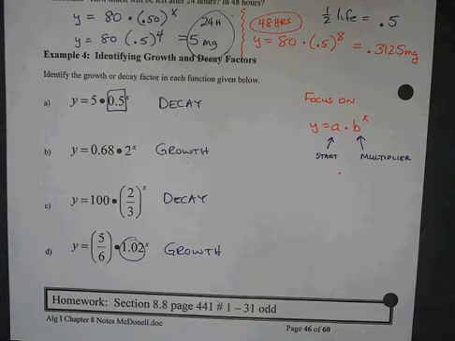Identifying growth or decay. Is there any work? No. If I asked you for the reason, what I would want you to say, Luke, in terms of supporting reason, is: it is growth because the multiplier is 1.02 and that is greater than 1. That would be your critical analysis. If I say, give me the reason why, talk to me as if you were teaching me.